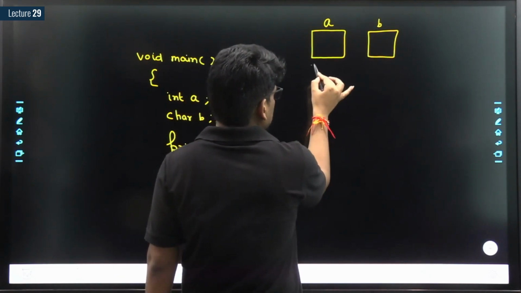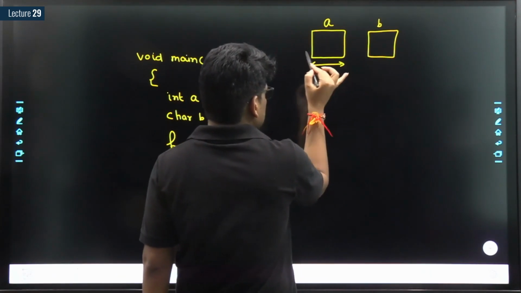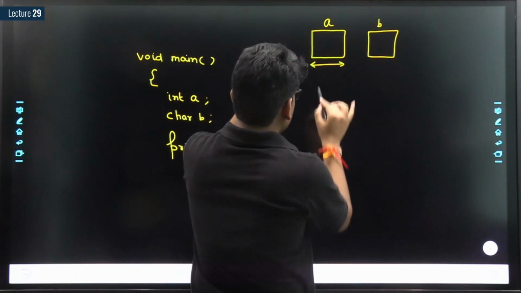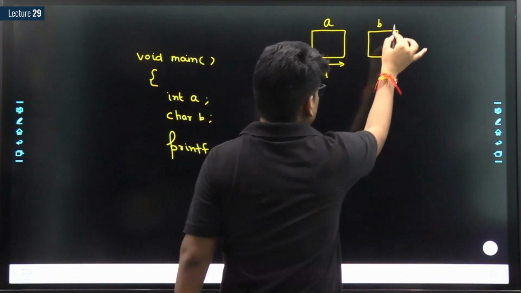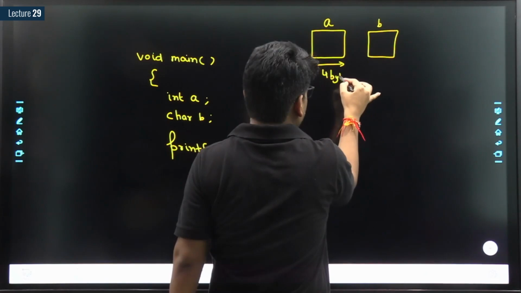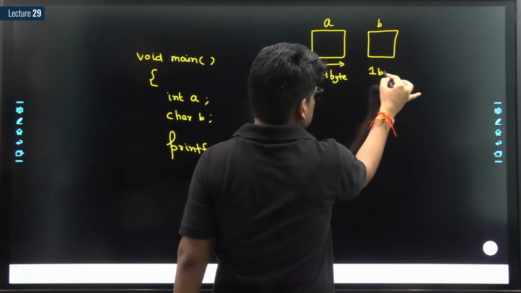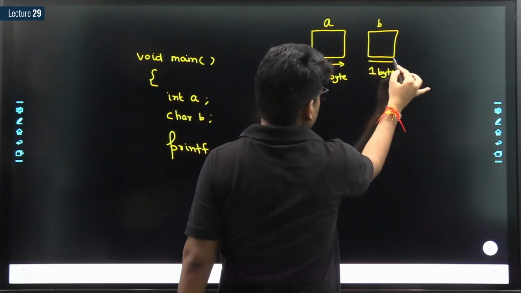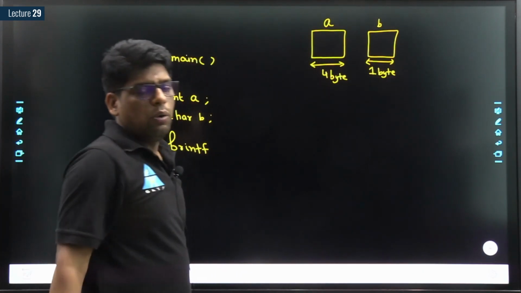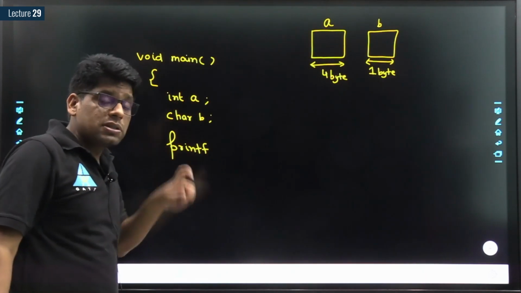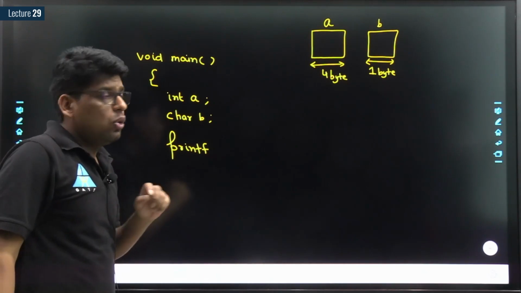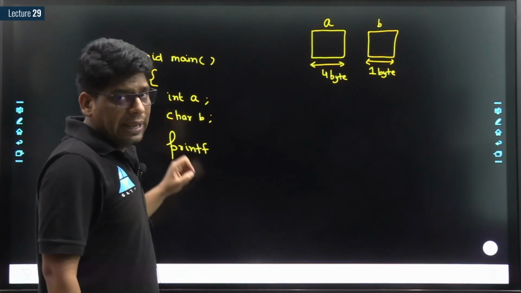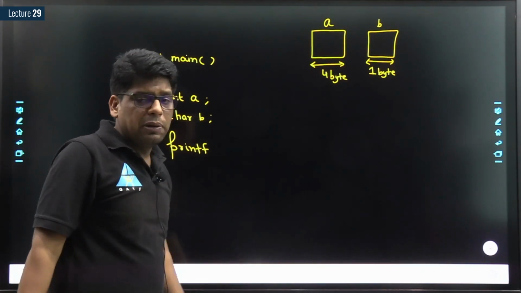Let us suppose you are working on such a configuration that the size of an integer is 4 bytes and the size of a character is 1 byte. Sir, the size of a character is always 1 byte. Yes, of course, true. Now, I want to use the sizeof operator to know the size of variable a and the size of variable b.